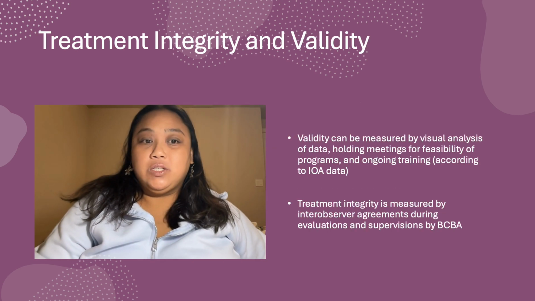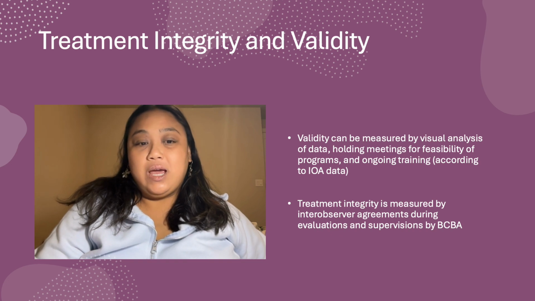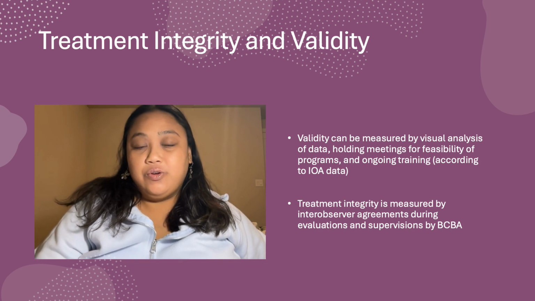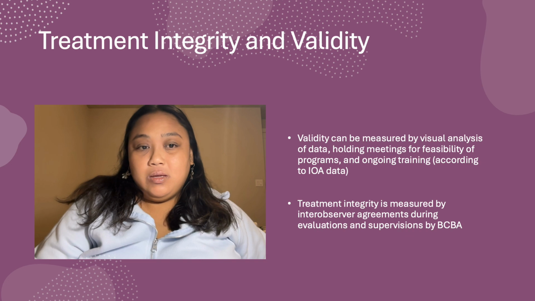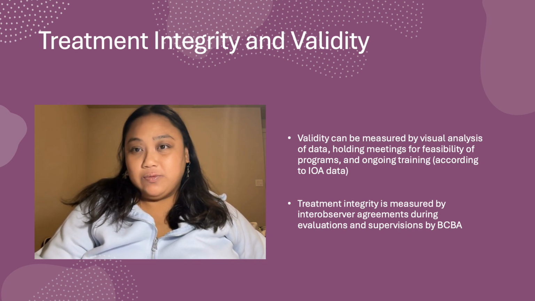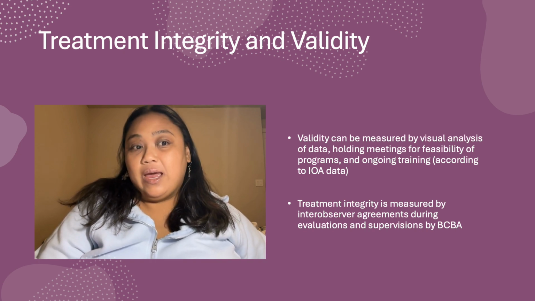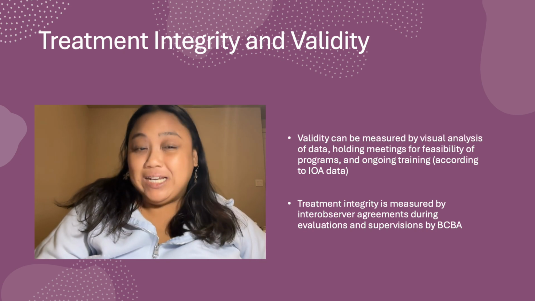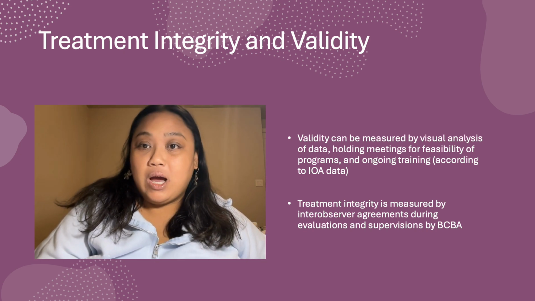First, I would like to talk about treatment integrity and validity. So, validity can be measured by visual analysis of data, holding meetings for feasibility of programs and behavior modification updates, and ongoing training according to IOA data.